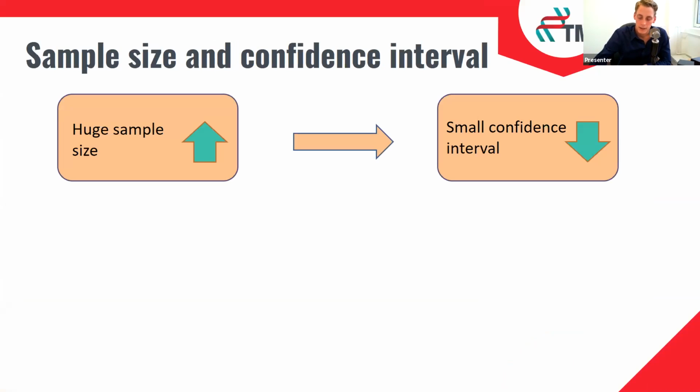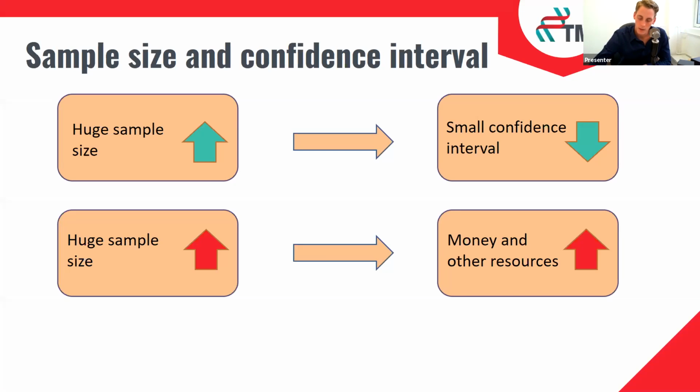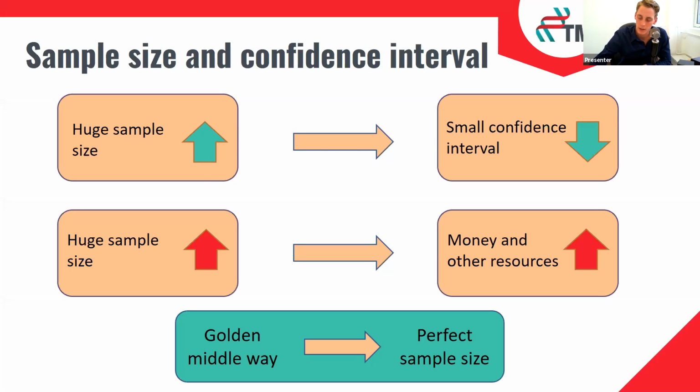The length of this interval will decrease if we increase the sample size, which is good for us. But working with too high a sample size is wasteful. So the sample size has to be just big enough to reach the required accuracy.